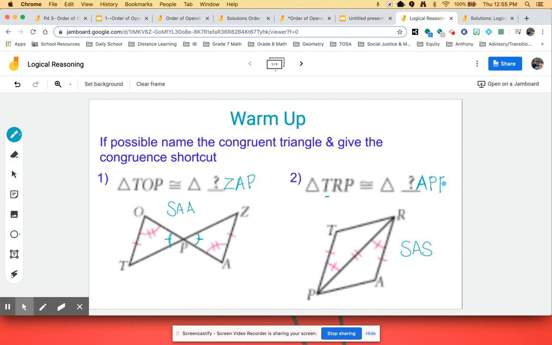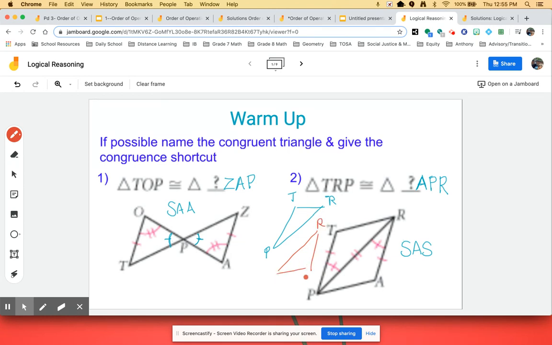Now that could be a little bit confusing. And so what might be helpful for this one is to draw the triangle out. So if you draw it out and you put TRP, and we're not even going to really change its orientation, we're just going to redraw it. And then I'm going to draw triangle PAR.